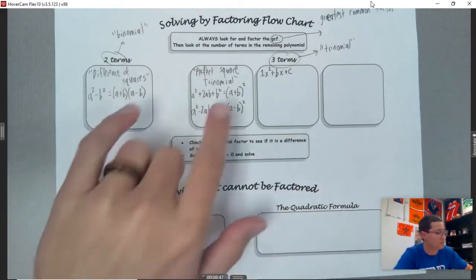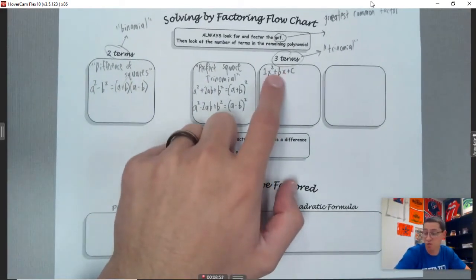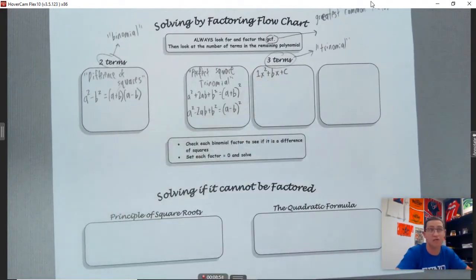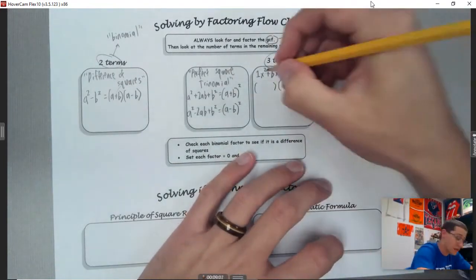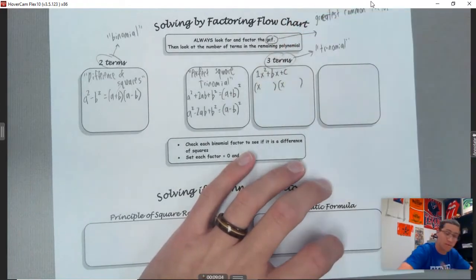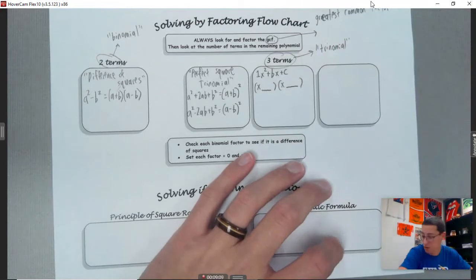Sometimes people get a little bit confused with the perfect square trinomial and the difference of squares, but this should look pretty familiar. You've done it in Algebra 1, you've done it in Algebra 2. So this is your classic factoring where you split immediately into 2 parentheses like this, and then you get an x and an x, and then you've got something here and something here.